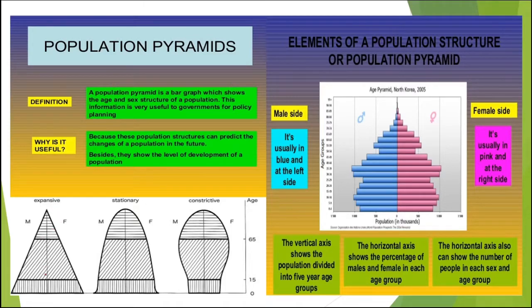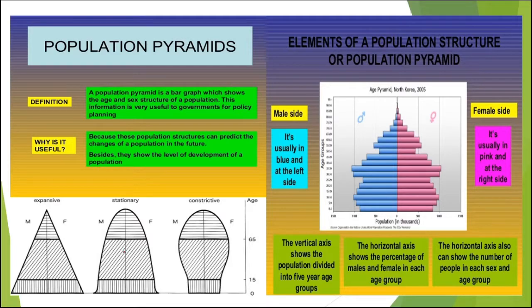There are three age groups: at the bottom it is pre-reproductive, then reproductive, and this is post-reproductive. Depending upon the people present in different age groups, the population pyramid will be formed. If the number of pre-reproductive individuals is more, such a population is known as expanding. When the number of pre-reproductive individuals is less, it is a declining population, and if it is almost the same, then it is stable.